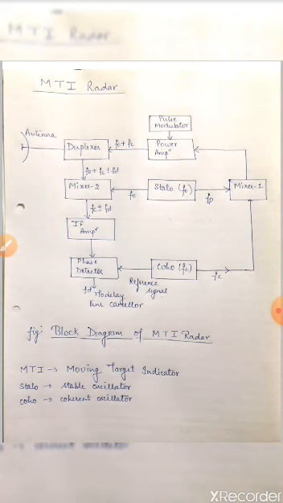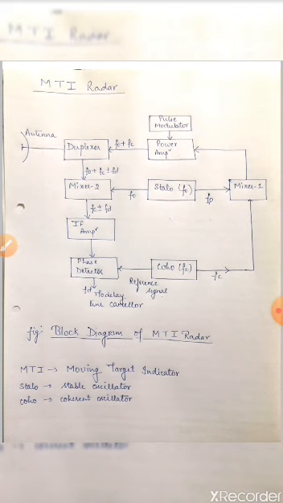Clear? Now, as you all are seeing on your screen, a block diagram of an MTI radar is given. In the block diagram, you are seeing different blocks. First one is the antenna section, where we transmit and receive the signal.